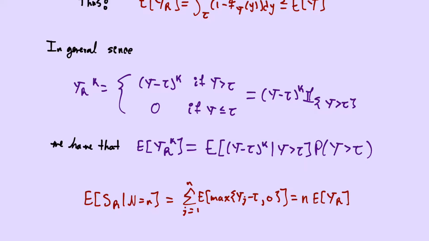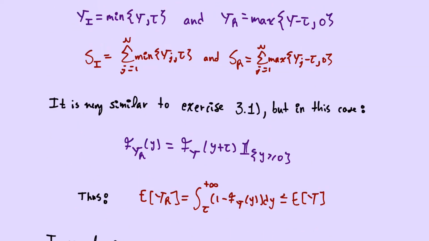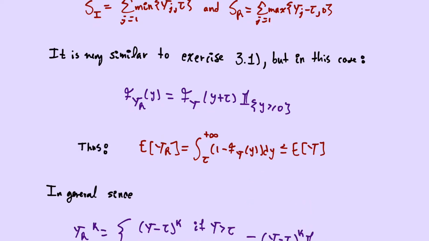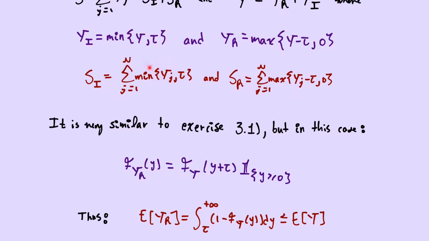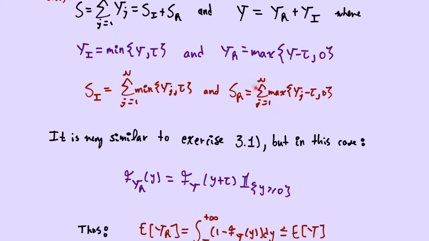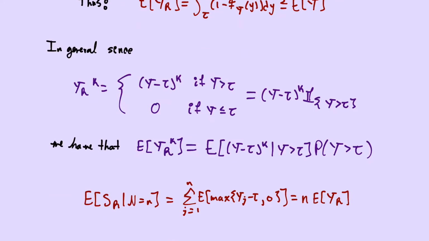And in that case, it's very easy to see that this conditional expectation of S^R would be the sum from j equal to 1 to n of the expectations of these random variables, the minimum between, of this random variable, because we are computing the S^R expectation, and we are conditioning on N equal to little n.